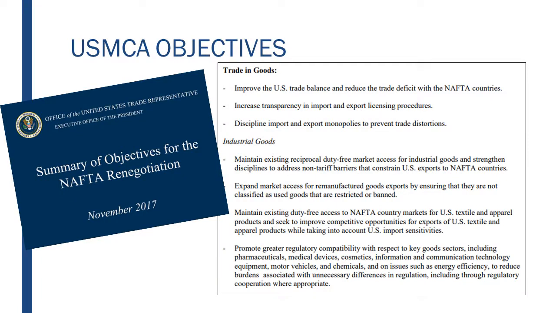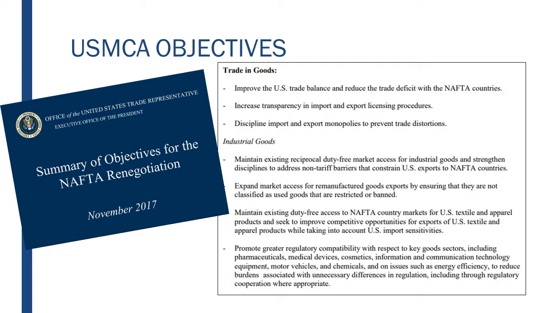In the summary of objectives for the NAFTA renegotiation of November 2017, we can see that in trading goods, one of them is to improve the U.S. trade balance and reduce the trade deficit within NAFTA countries, increase transparency in import and export licensing procedures, and discipline import and export monopolies to prevent trade distortions.